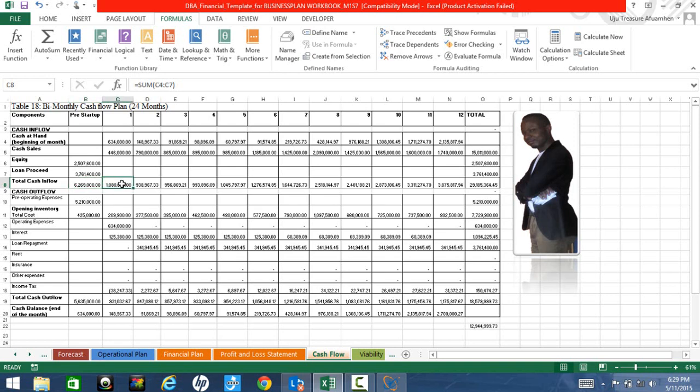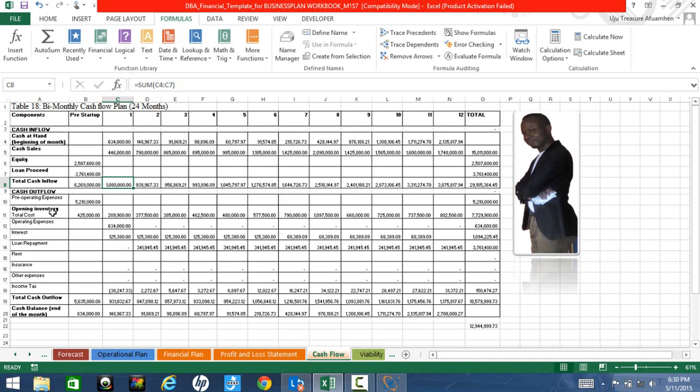Then in the first 2 months, this one is coming from C4 to C7. This is C. Where is 4? This is 4. Cash at hand, beginning of the month. Then sales. This is what we have. Can you see that? So when you sum this up, you get this. Same thing applies down to the last. That's how we came about this.